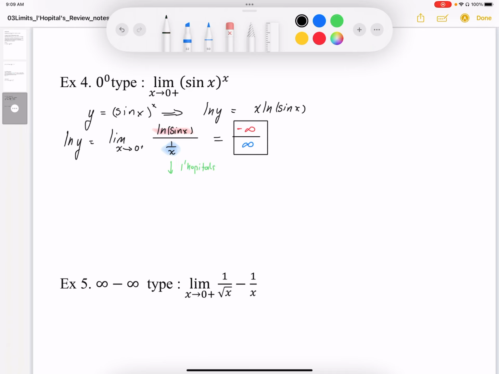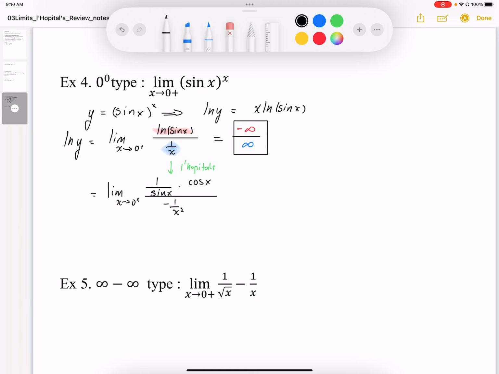So I end up with the limit as x approaches 0 from the positive side. The derivative of log of sine x is going to be 1 over sine x, and then applying chain rule, the derivative of sine is going to be cosine x. And in the denominator, the derivative of 1 over x becomes negative 1 over x squared.